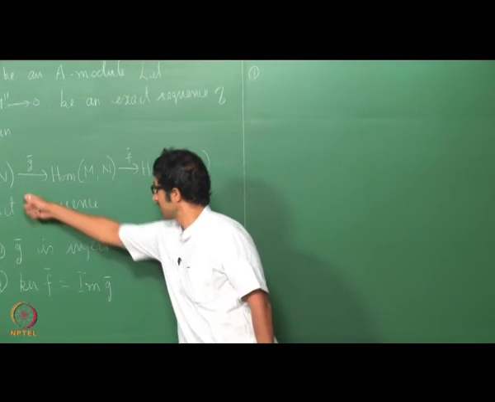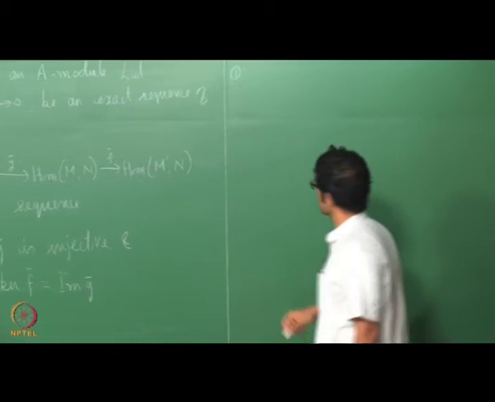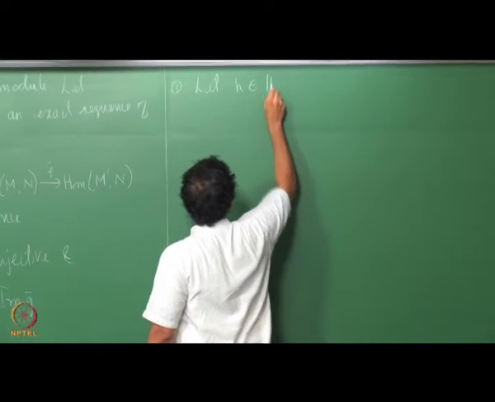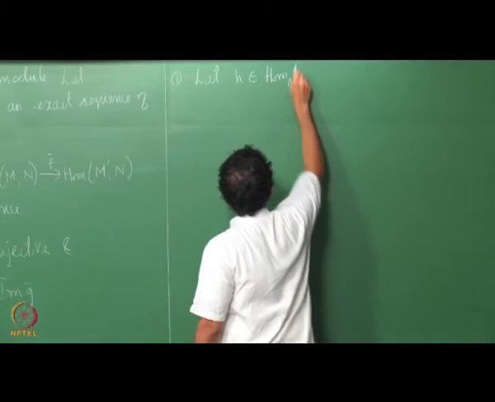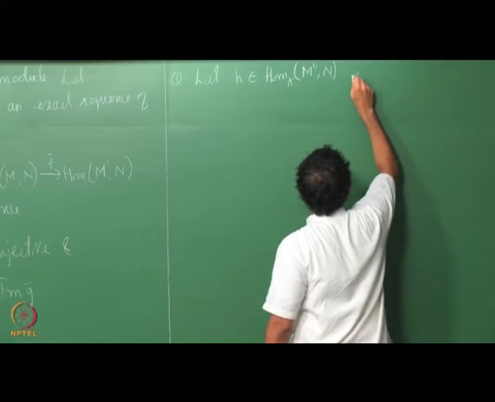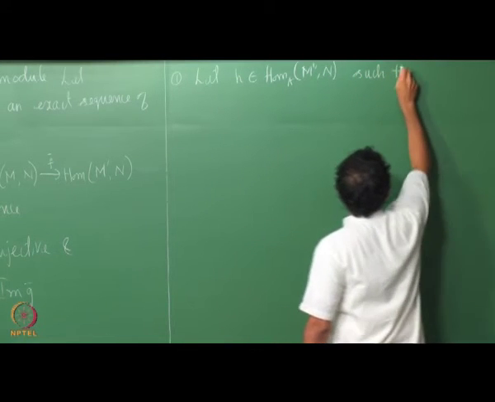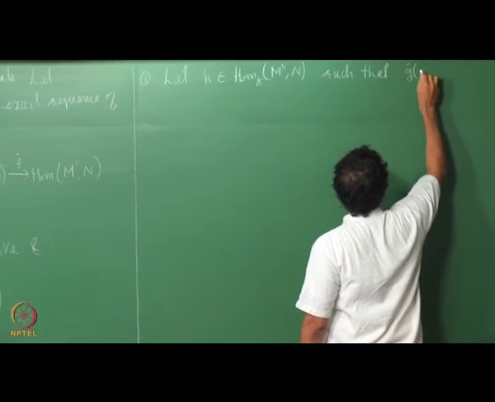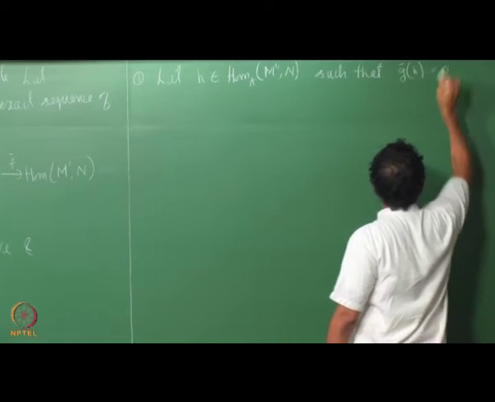Suppose g bar takes a homomorphism to 0. So, let h be in Hom(M double prime, N) such that g bar of h is 0.